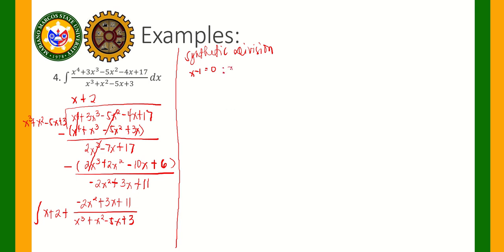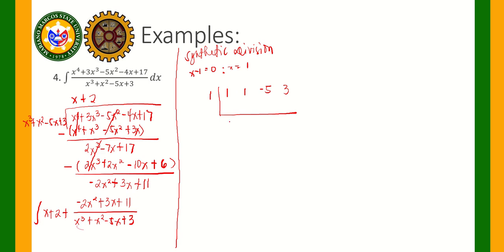So, therefore, our x will be equal to 1. We write its numerical coefficients. That will be 1, then 1 again, and then negative 5, and then 3. So, from here, we put 1 here, since we are trying if x minus 1 is a factor of our denominator polynomial.